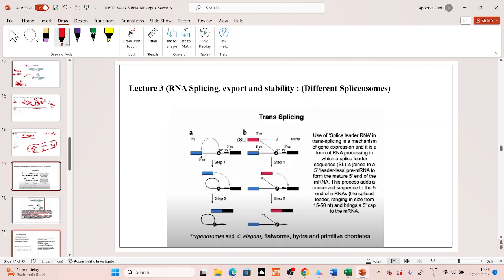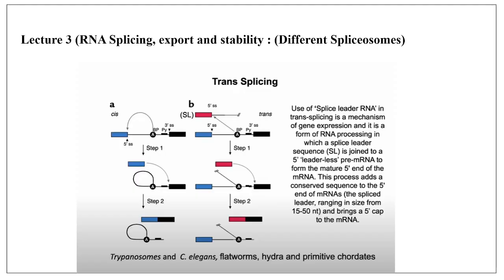Okay. Now we come to lecture 2. So we were talking about trans splicing. Now I'll just zoom it. You see over here, this is cis splicing and this is trans splicing. In cis splicing, you have two exons, exon number 1 and exon number 2.